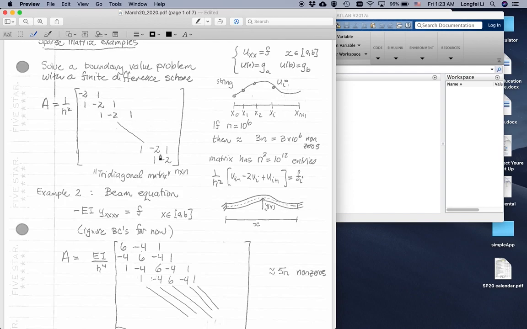We call this a tridiagonal matrix because it's only non-zero on these three diagonals: the main diagonal, the one above the main diagonal, and the one below it. All other entries are zero, everywhere else is 0. And this is called a tridiagonal matrix.